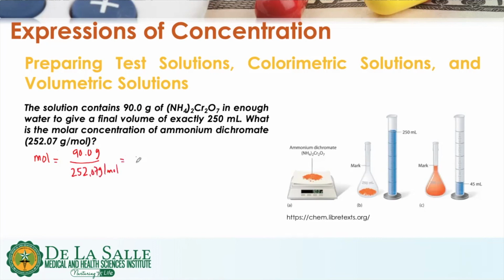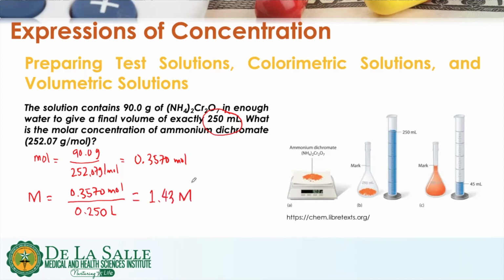The number of moles is equal to 0.3570 moles of ammonium dichromate. Now, the molarity of the solution is equal to the number of moles, 0.3570 moles, divided by the volume of the solution, which is 250 milliliters, but we need to convert it to liters, so that becomes 0.250 liter. And the molarity, therefore, is equal to 1.43 molar.